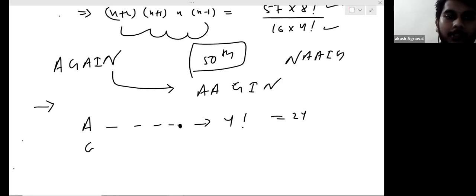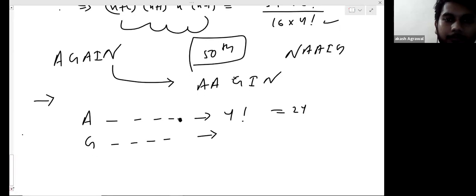Now with starting with G. How many words? 4 factorial upon 2 factorial because 2 A's have to be arranged, right? Yes, sir. So this is 12.